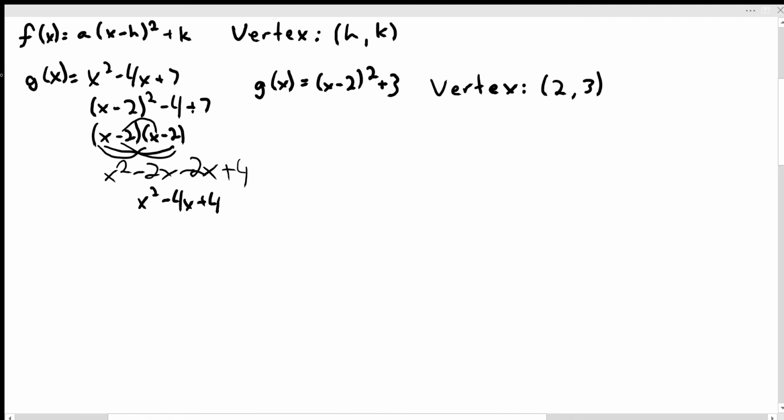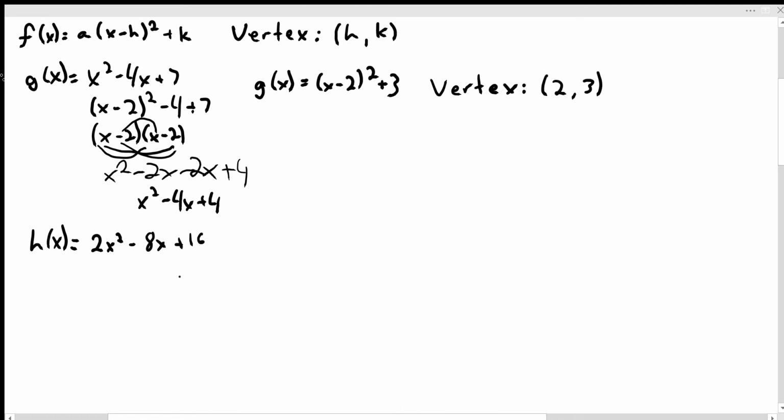So let's try another one, but this time let's have a leading coefficient. So we'll call this one h of x, and it will equal 2x squared minus 8x plus 16.